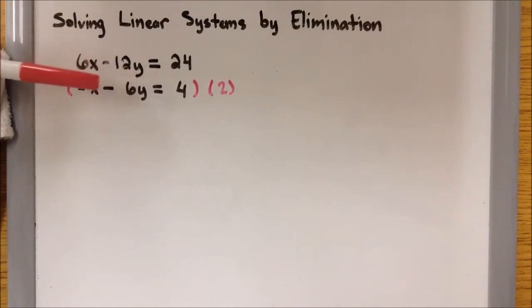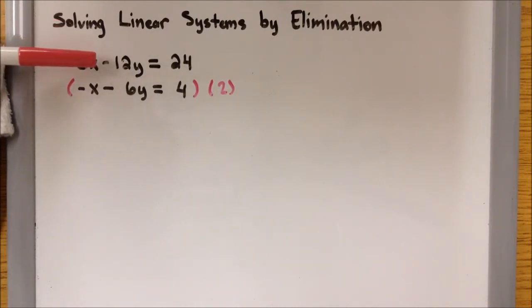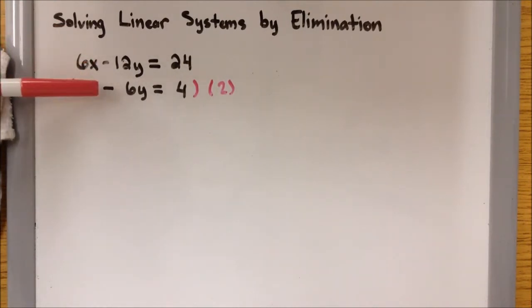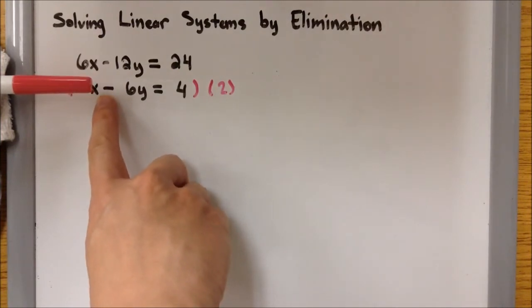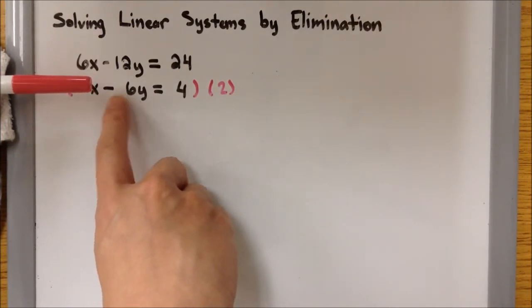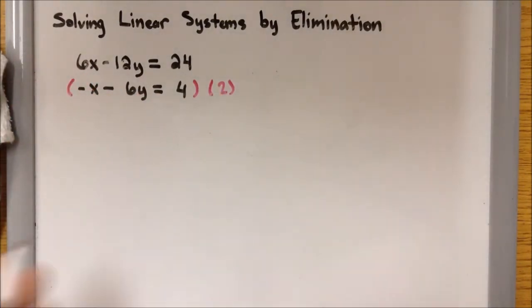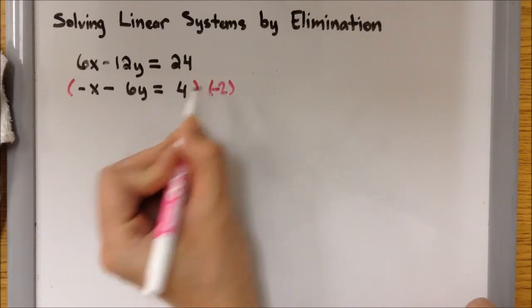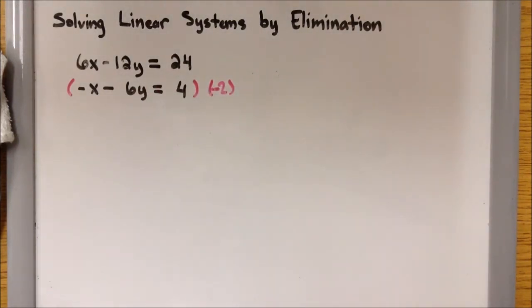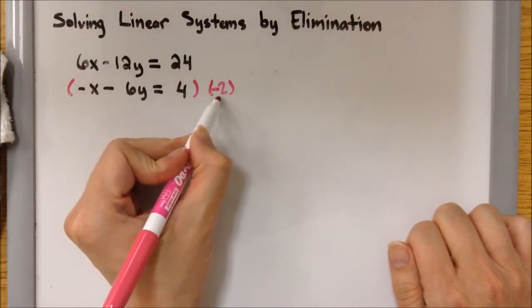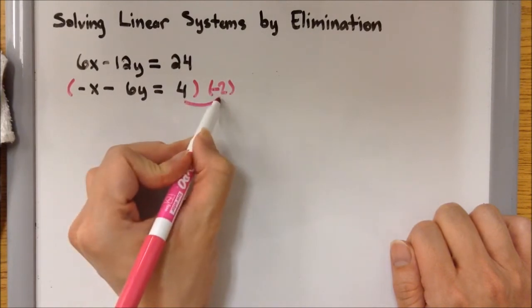In order to cancel out the y's, one has to be negative and the other one has to be positive. I want this to stay negative and I want this to become positive. Since it's -6y, to make it positive I'm simply going to multiply by another negative. So instead of just 2, I'm going to multiply the whole equation by -2.